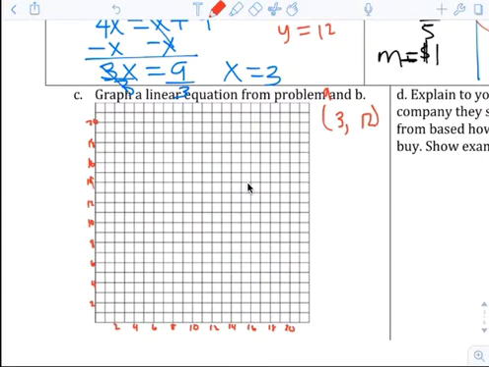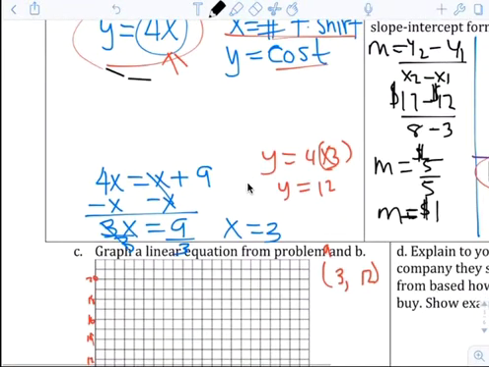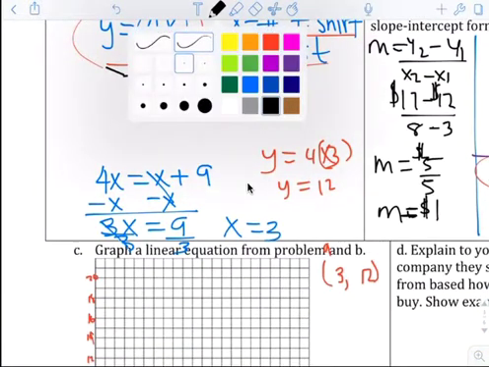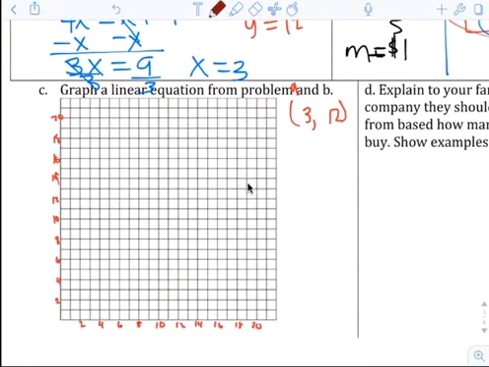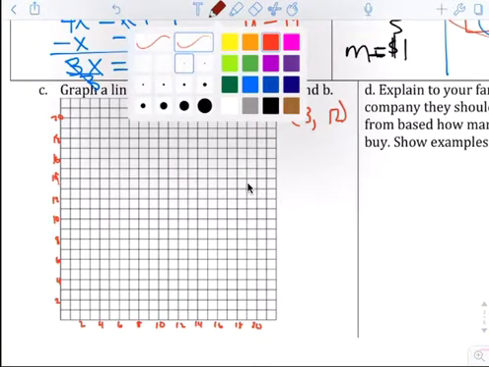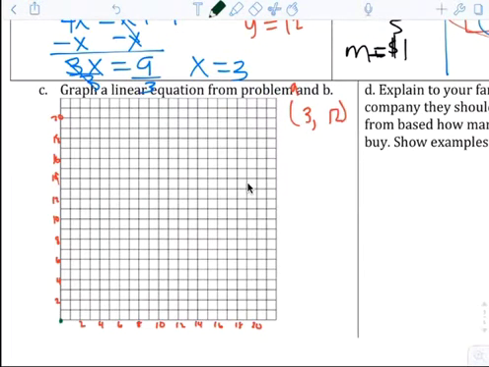All right, let's see. The first graph is y equals 4x. The rate of change here, the y-intercept is (0, 0). You start out at (0, 0), which is right here. I'll do it in green. Right there.